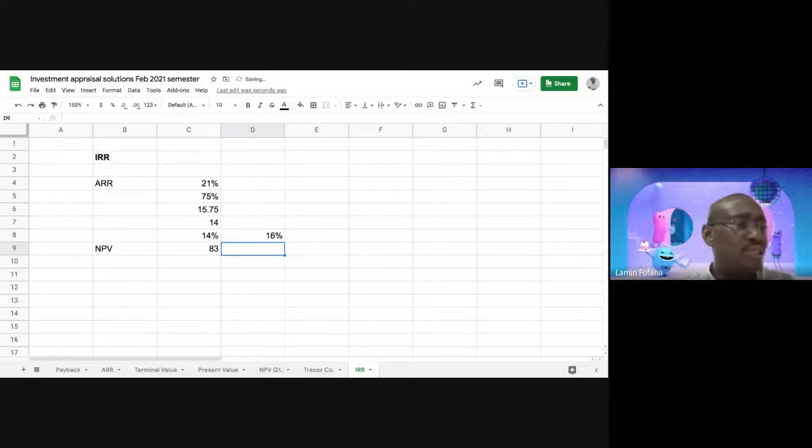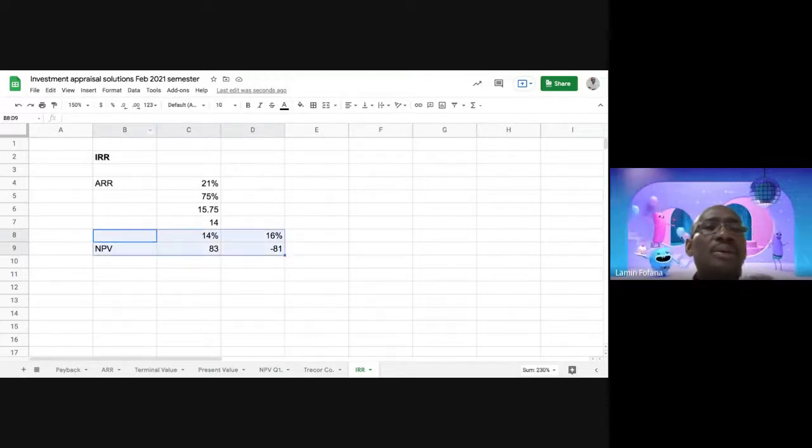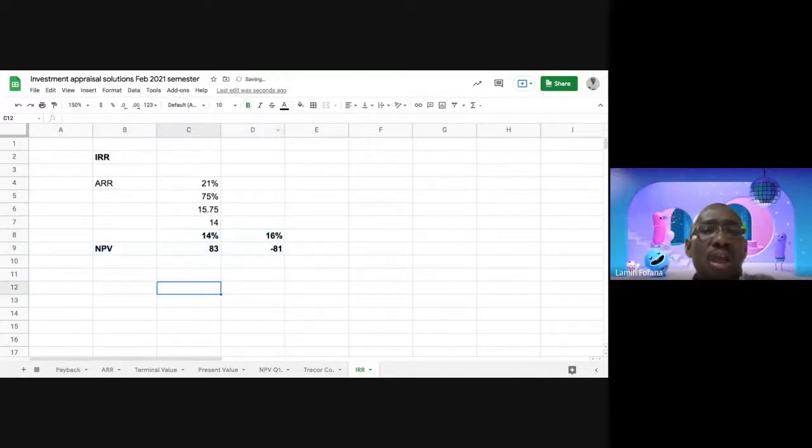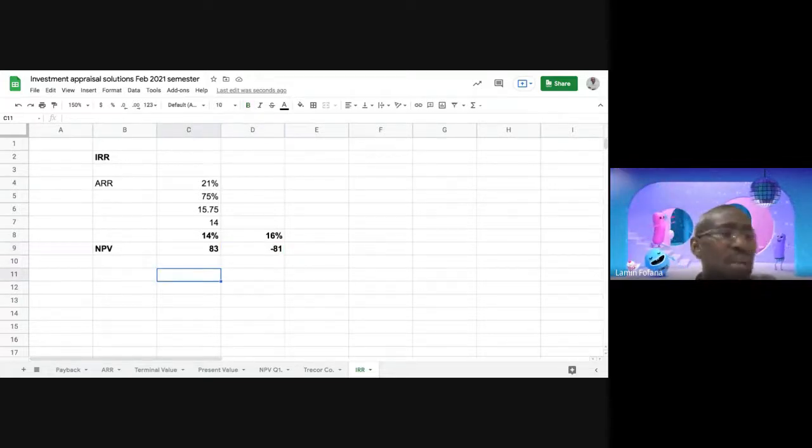When we calculate it, we should have minus 81. So our NPV will be minus 81. Okay, so two rates. This is what is required of you: 14% and 16%. The first one should give you a higher NPV, whilst the second one should give you a negative NPV. Okay, and now we substitute this in our IRR formula.